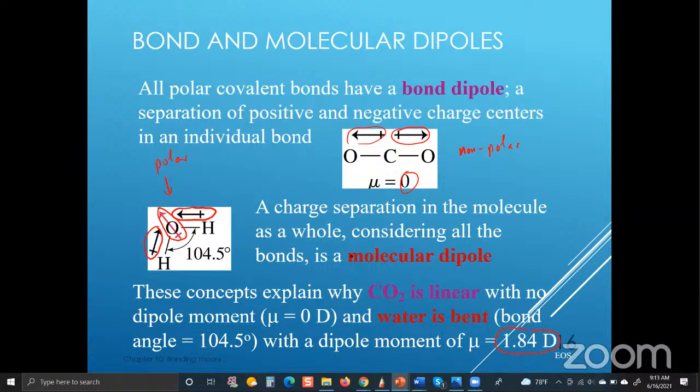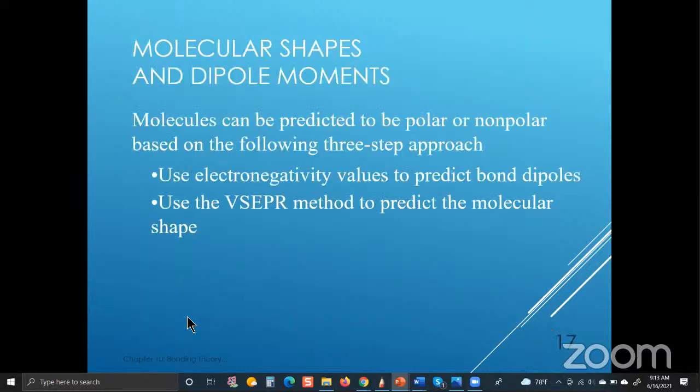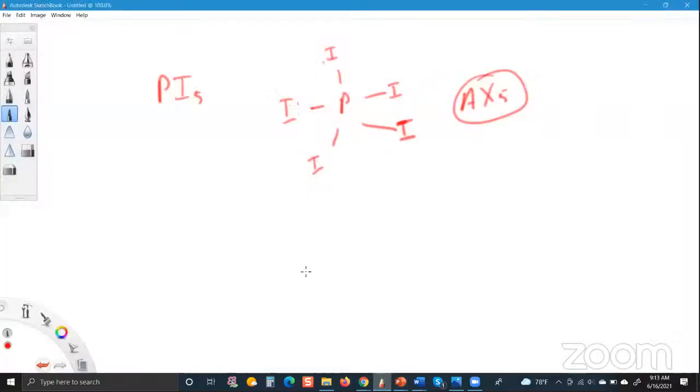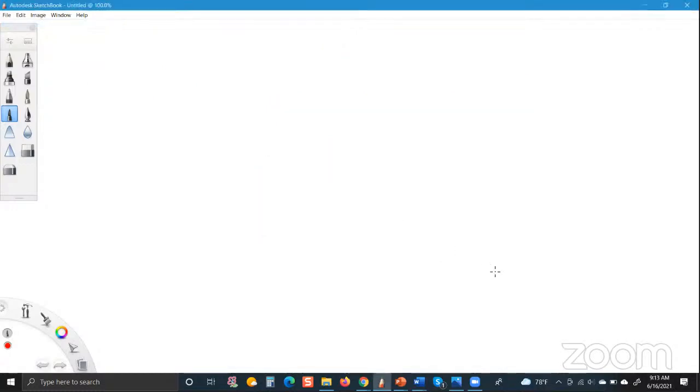Now, in some cases, you have to use your imagination, especially when it comes to three-dimensional shapes. So for example, if you were to look at a tetrahedral molecule like carbon tetrafluoride, you have to really use your imagination to see the molecule in 3 dimensions.